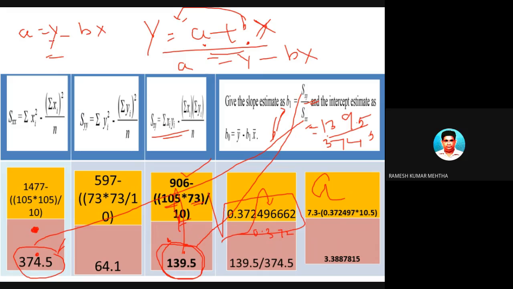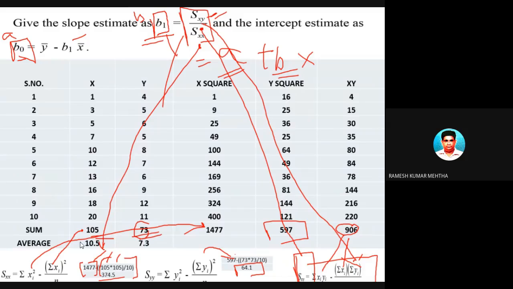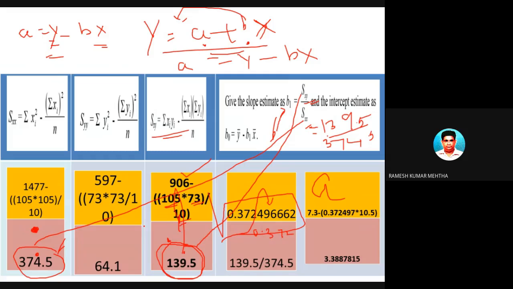Now what is y and what is x? So y bar, that is y average, and x average. The average of x is 10.5. The average of y is 7.3. So plug in those values.